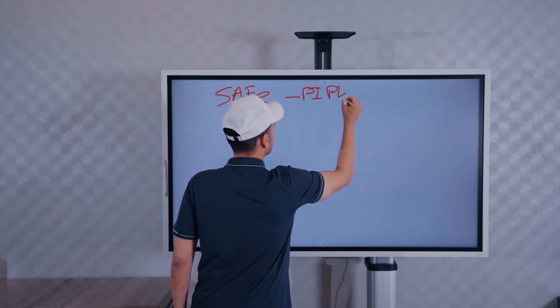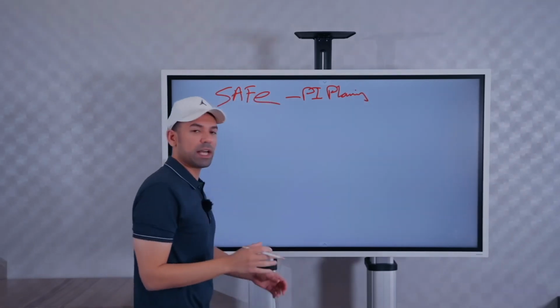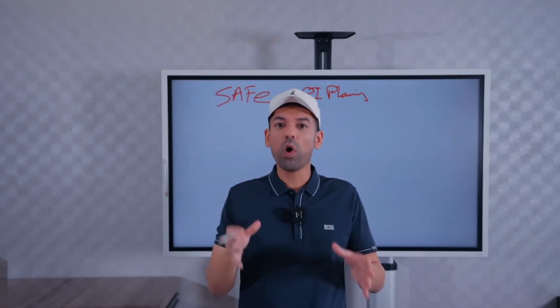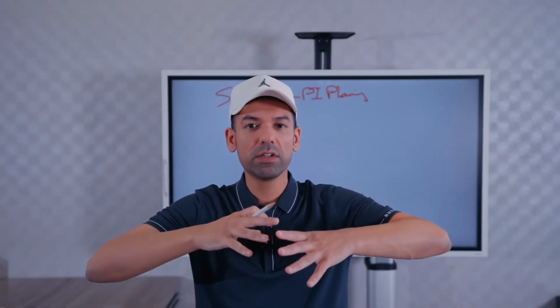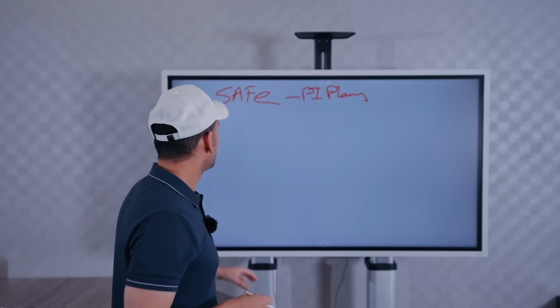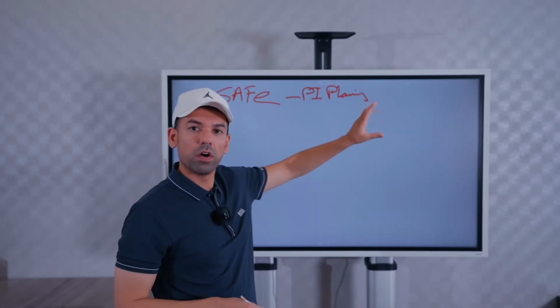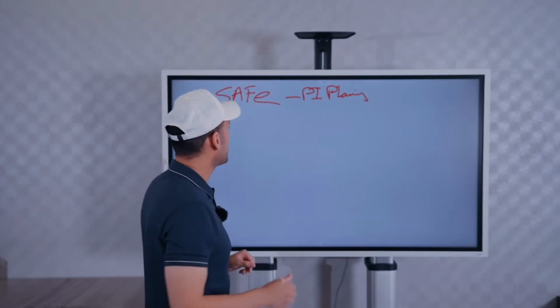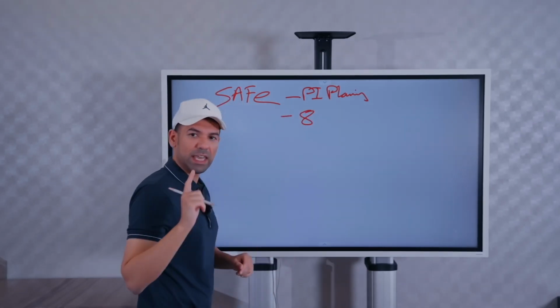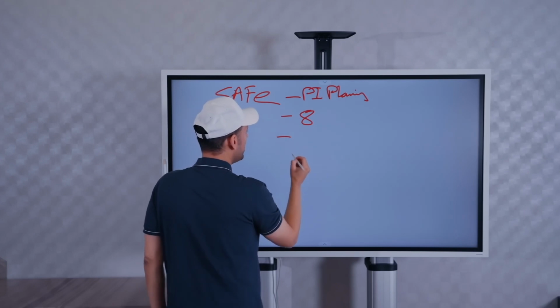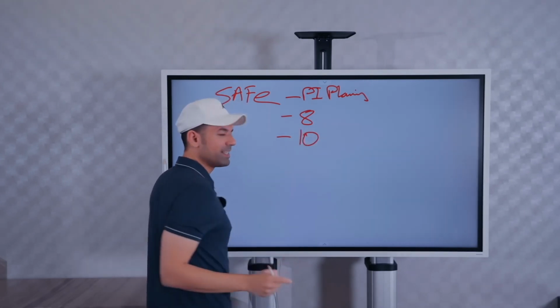PI planning is a 2-day workshop that brings in everyone and they plan together. So think about the question that we said. How many stakeholders did we say that we had? 8 stakeholders. How many features and requirements did we have? 10.